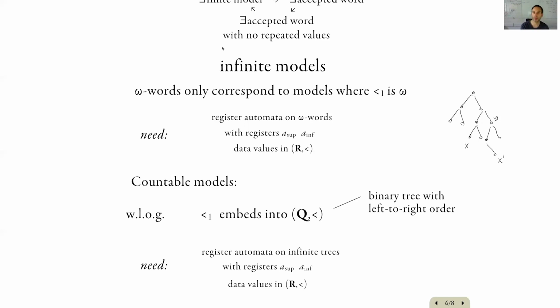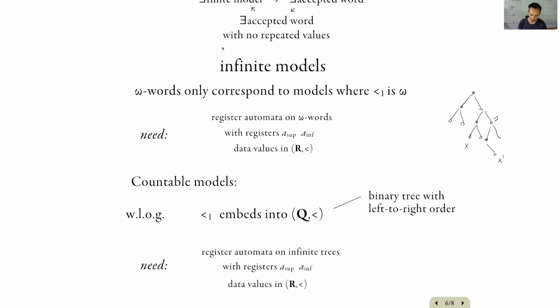And in order to make this idea work, we need register automata which process infinite trees, infinite binary trees, whose nodes are labeled by elements of a finite alphabet as well as values from the reals. And those automata are equipped with registers, which can be compared for inequality.